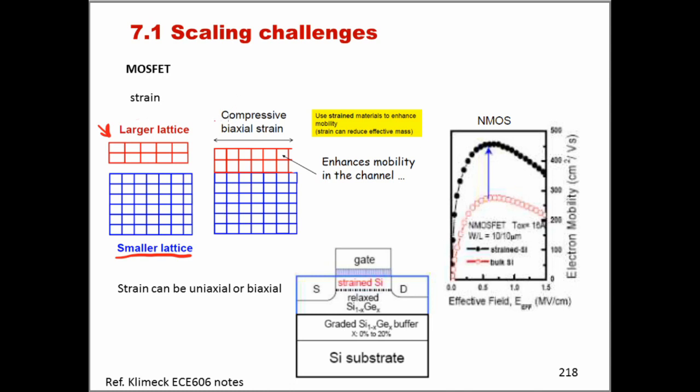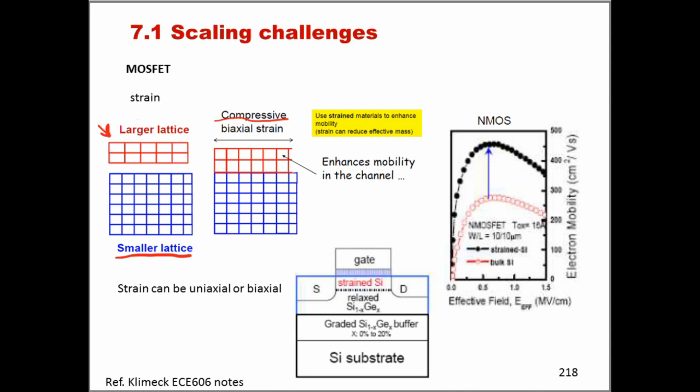And so it undergoes, in this case for example, a compressive biaxial strain, biaxial because the compression is happening on the plane of our film, so in both, for example, X and Y.